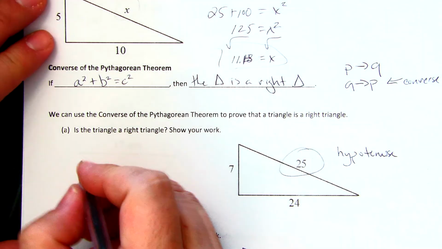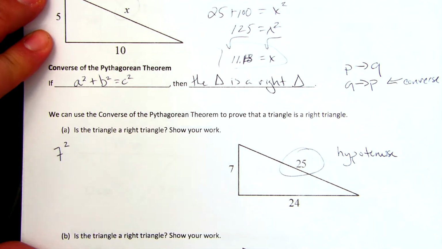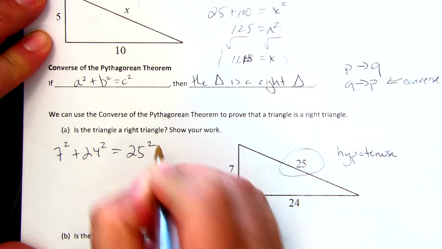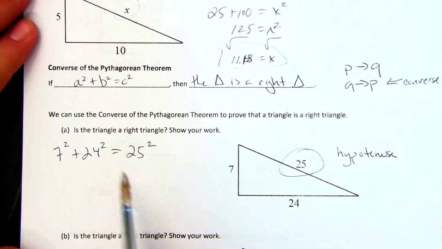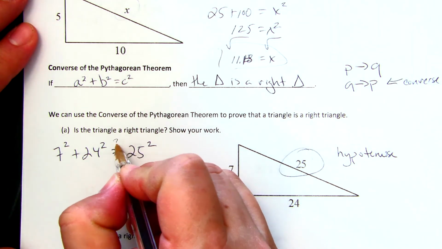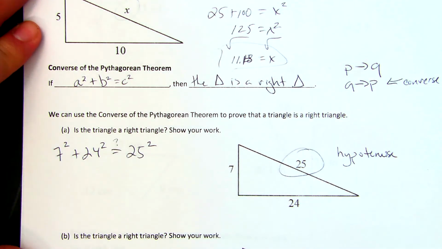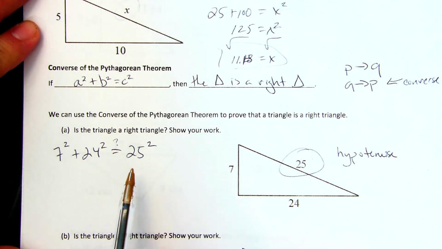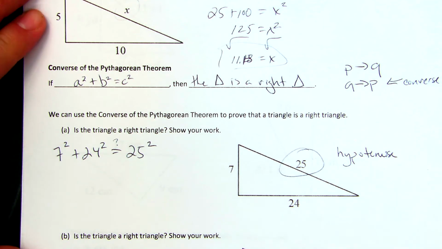So we can set it up like this: 7 squared plus 24 squared equals 25 squared. The question is, does it equal 25 squared? I could put a little question mark over here just to make that clear. If it does, it's a right triangle. If it doesn't, it's not a right triangle.